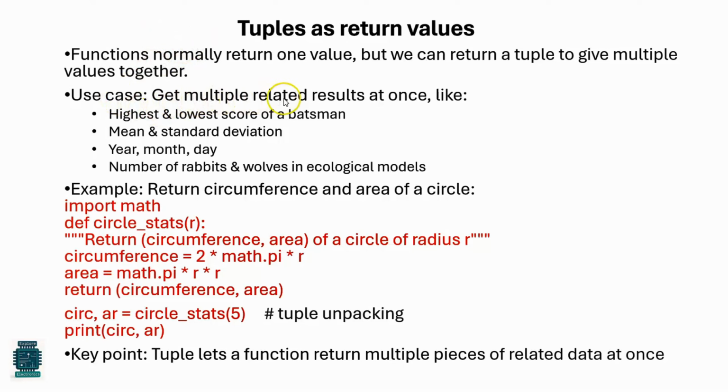Here, we get multiple related results at once, like highest and lowest scores of a batsman in this example, and mean and standard deviation, year, month and day, number of rabbits and wolves in ecological models. We can see these multiple related results at once. That's why we use tuples as return values.